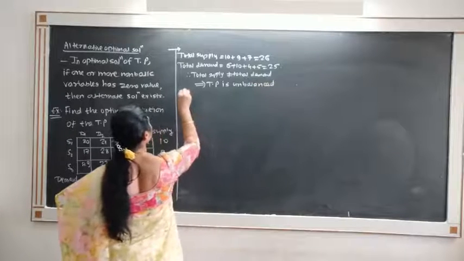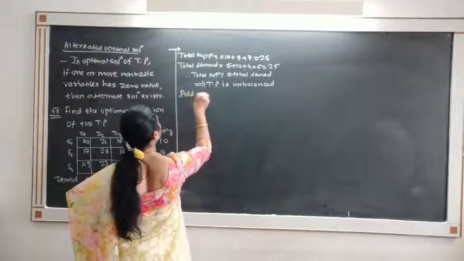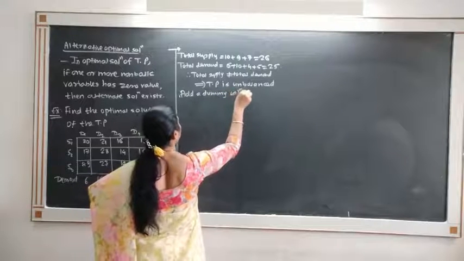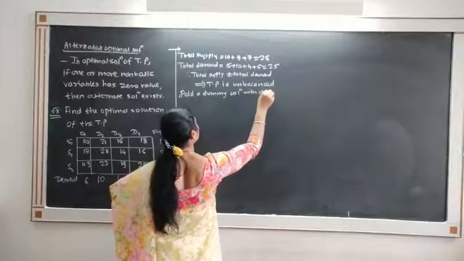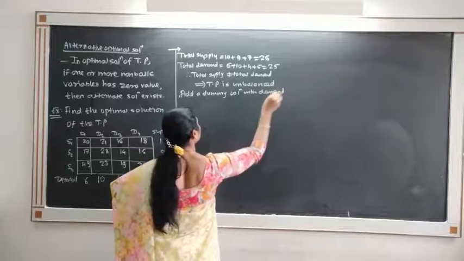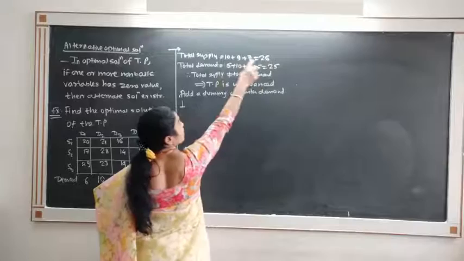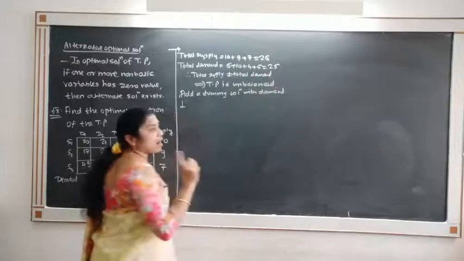To balance it, add a dummy column with demand 1, because total supply exceeds total demand by 1.